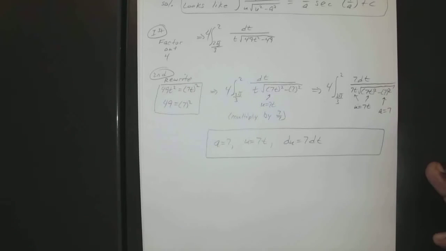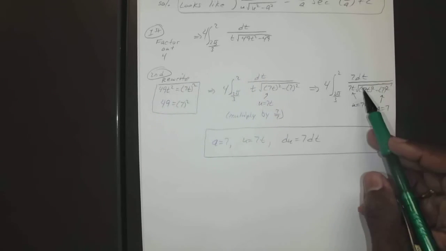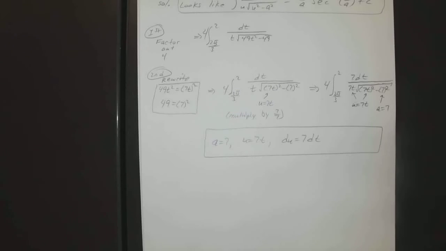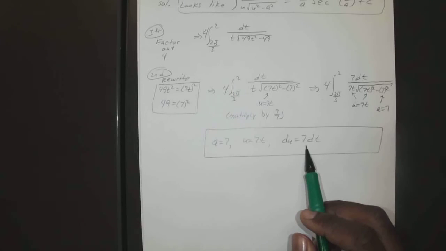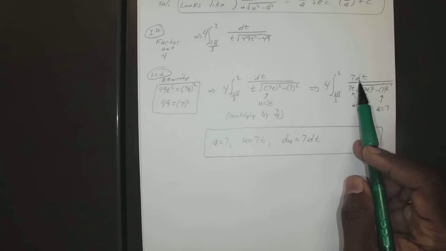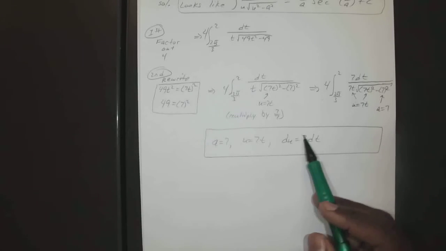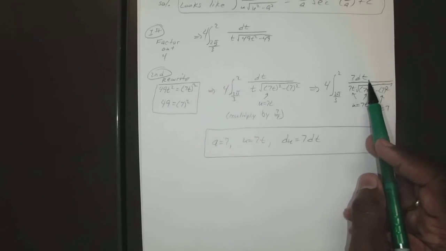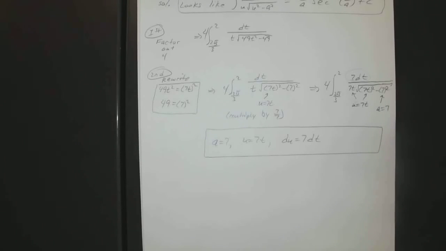That's why I just went ahead and left it there, because we can just replace that whole thing with du. You're going to replace the whole thing because of the top. So we don't have to take out the 7, as long as it equals what the numerator says. Exactly. Yep, so that 7 dt is automatically going to be our du. So we just replace that whole thing with du.